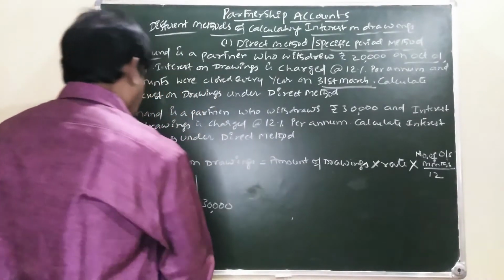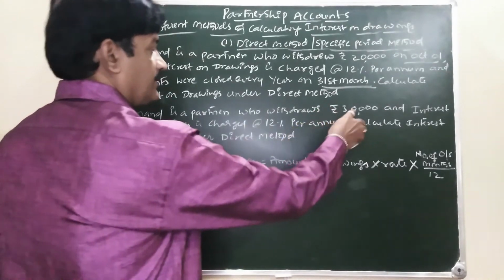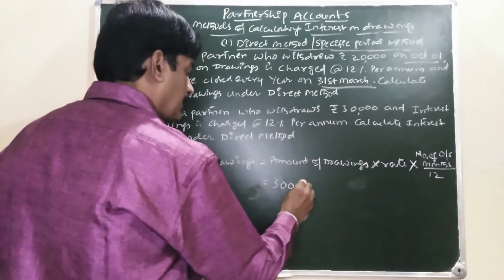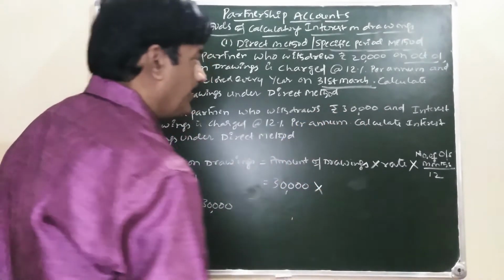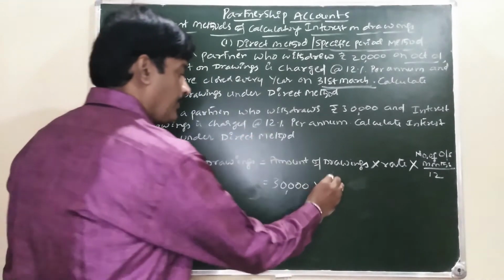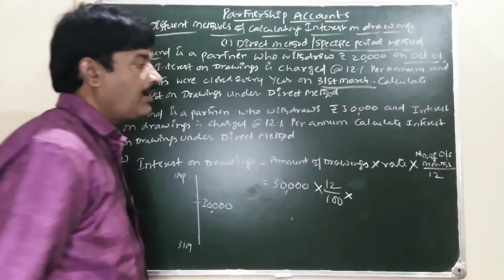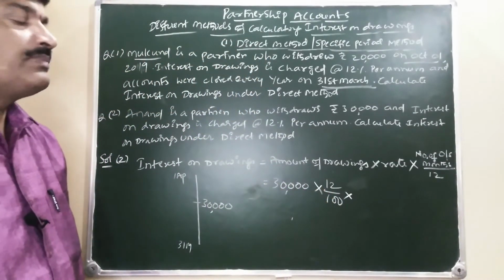Now interest on drawings is equal to amount of drawings. Amount of drawing how much? 30,000 into rate. How much rate? 12% per annum. 12 by 100 into number of outstanding months.